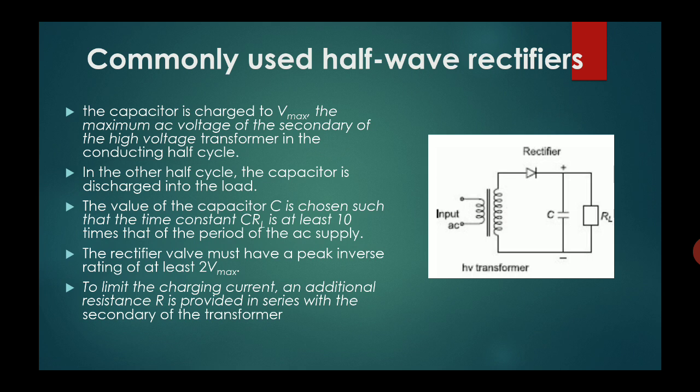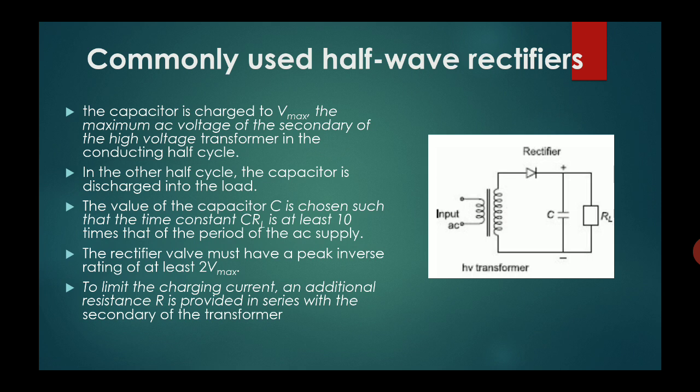So for example, if we input an AC of 50 Hertz, what should be the time constant? C into RL should be, sorry, 50 Hertz means a period of 20 milliseconds. So 20 into 5 is 100 milliseconds should be the time constant for this capacitor circuit.